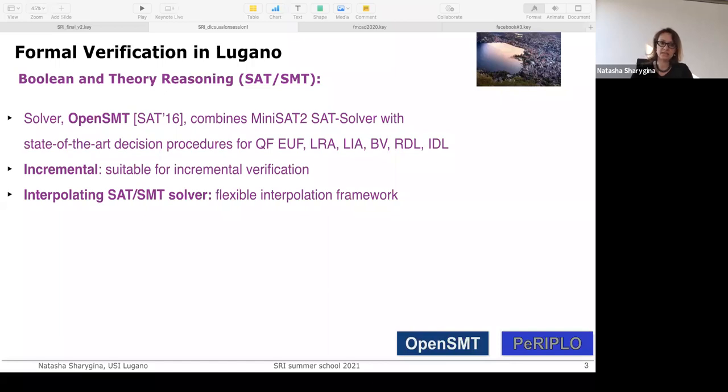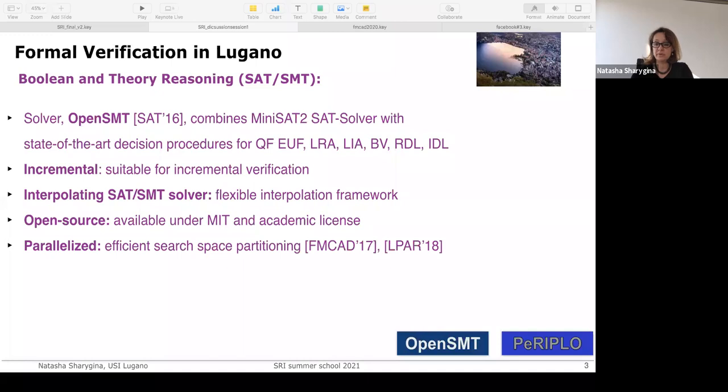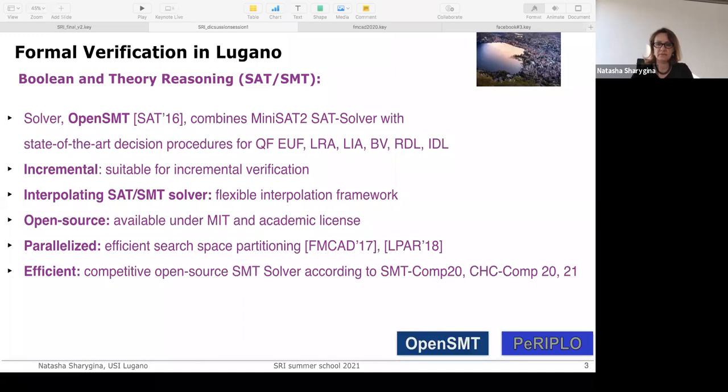As I already said, it has this interpolating infrastructure, allowing us to compute symbolic abstractions using Craig interpolation procedures. It's also parallelized: for complex tasks, we have efficient search space partitioning techniques implemented, so it can be utilized whenever sequential reasoning does not scale.